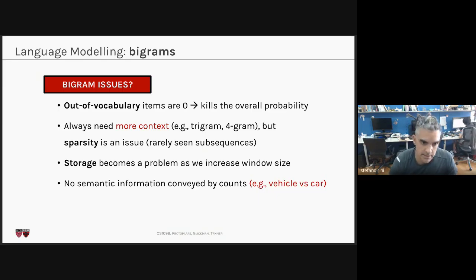Another issue is that when we try to scale the memory of the process from 1 to 2 to 3 to maybe a few hundred, we have a very large possible content of the memory. If you think about all the possible sequences of four words in the English language, there are polynomially many of those, but only a very small portion actually occurs in the corpora.